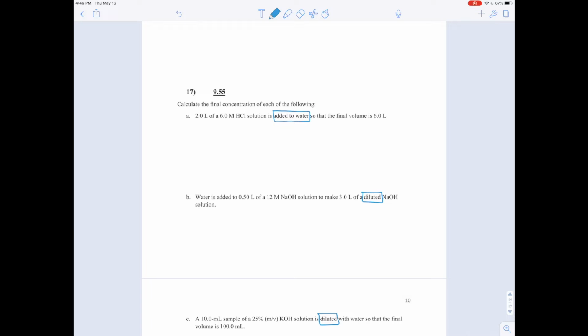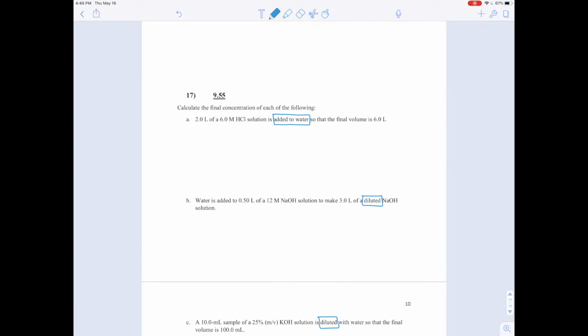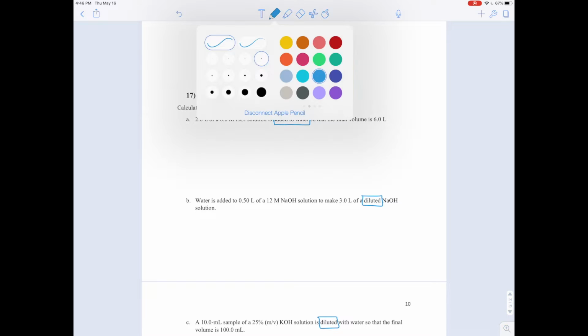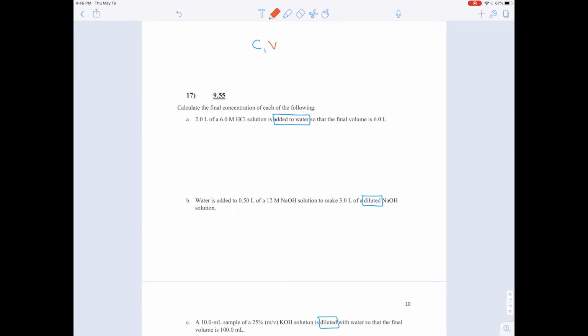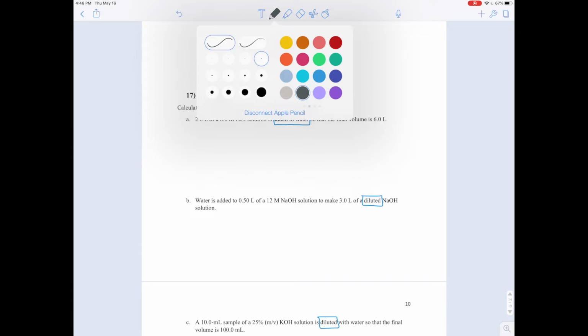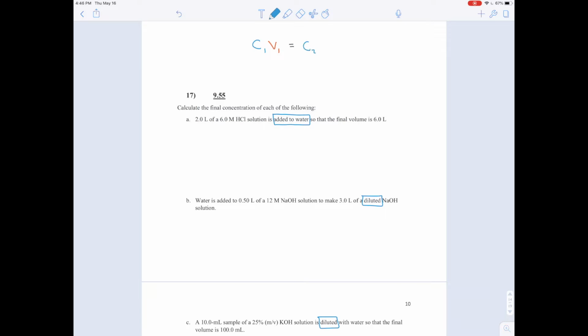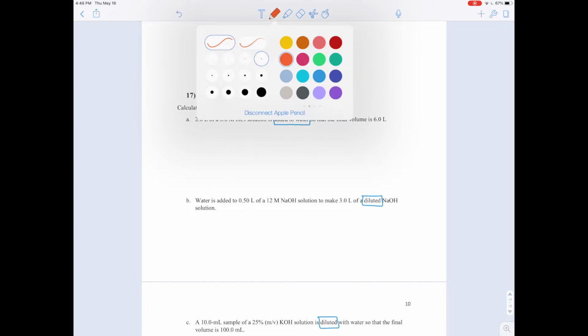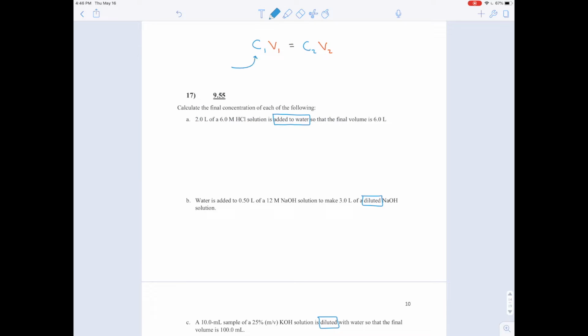Now, there's a pretty straightforward equation to use anytime you do a dilution. The equation is C1 V1 equals C2 V2. And the C1 stands for the initial concentration.